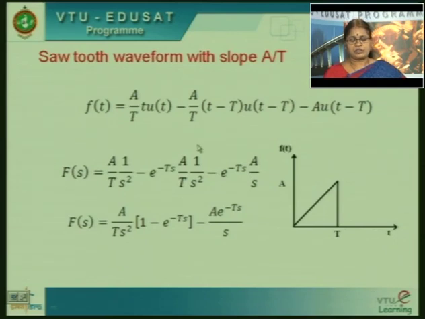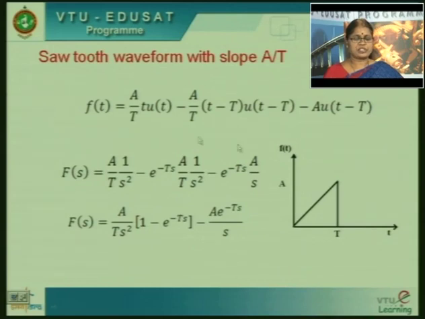Then with these signals, I have to add a step function of magnitude A, which has a negative sign. So, f of t can be written as A by T, t u of t, minus A by T, t minus T, u of t minus T, minus A into u of t minus T.